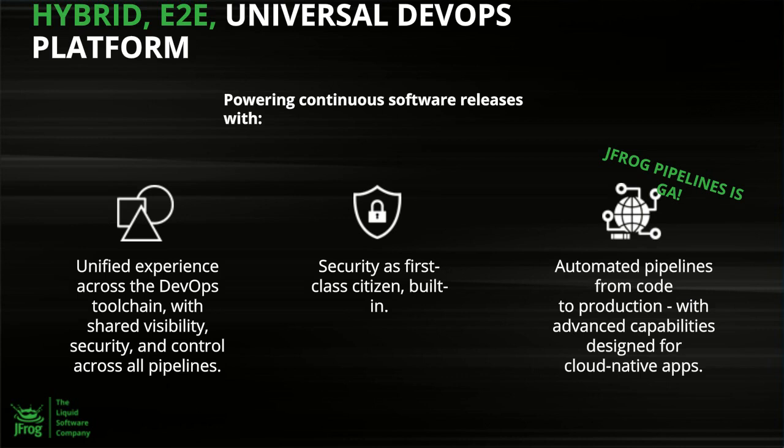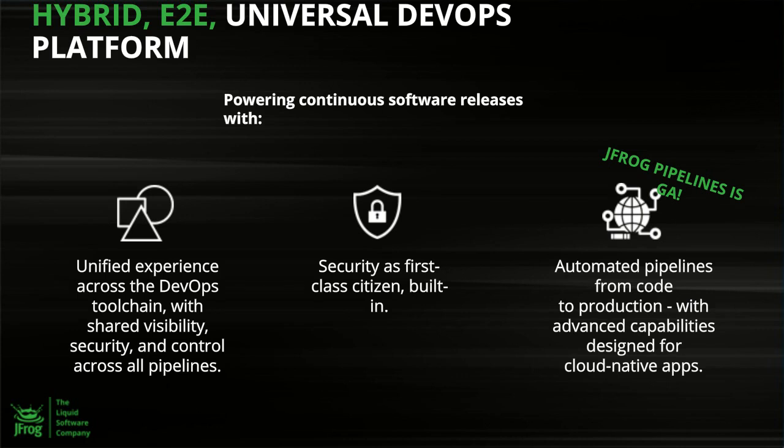In addition, security now is a first-class citizen in the JFrog platform. We are leveraging JFrog Xray in order to scan the binaries that are managed and hosted by the platform. You can configure JFrog Xray to scan everything that is being uploaded and managed by the platform, or some of it.